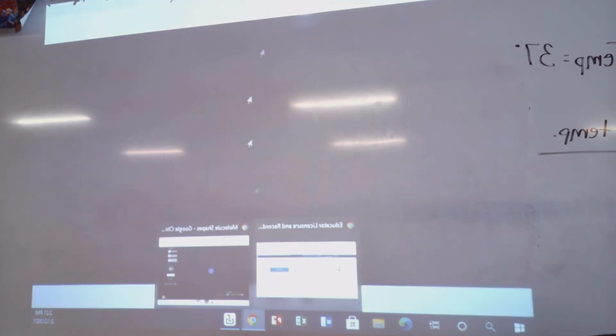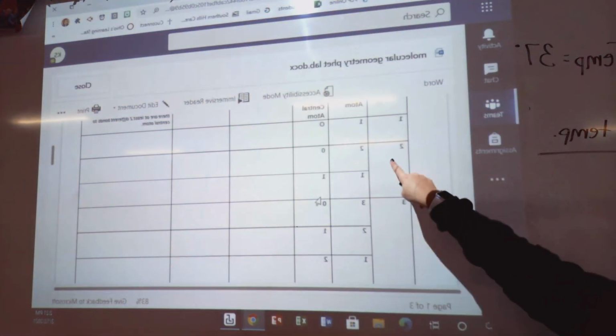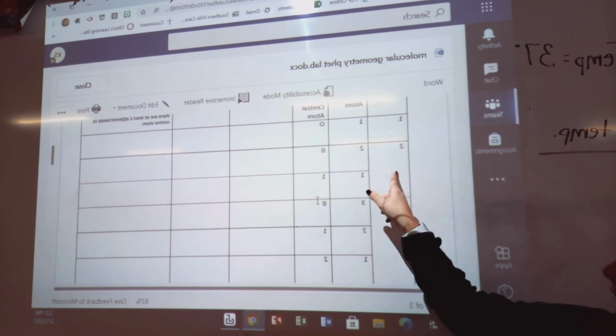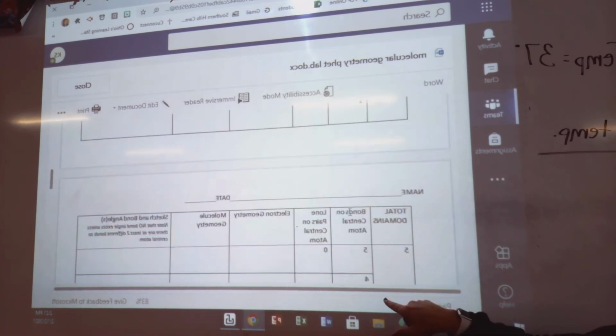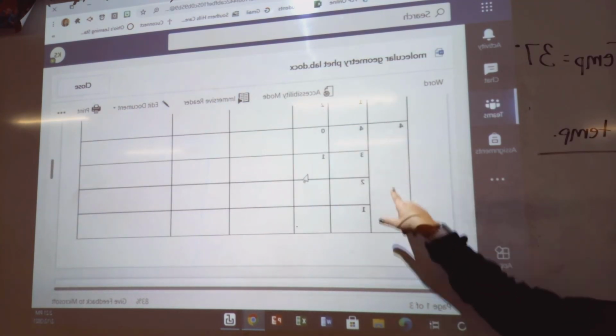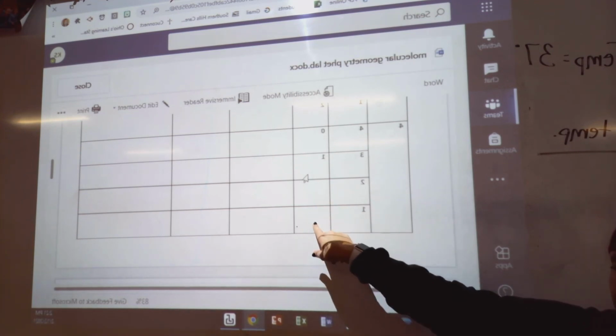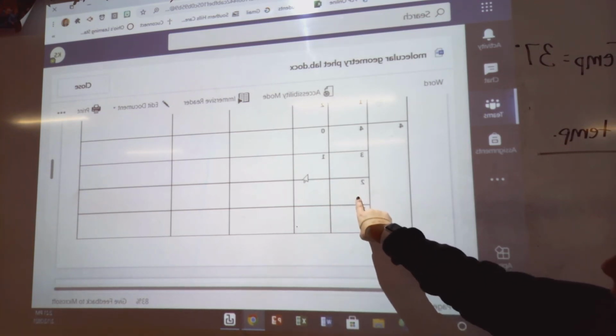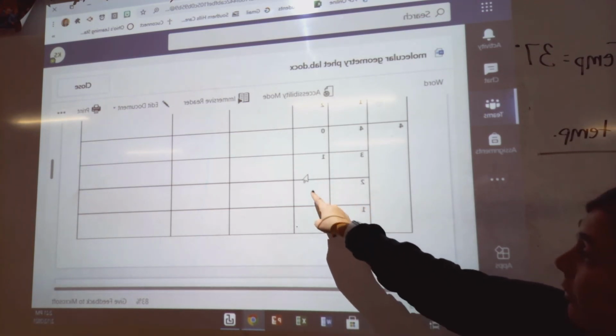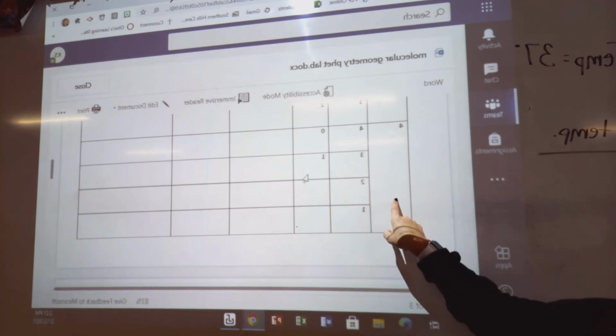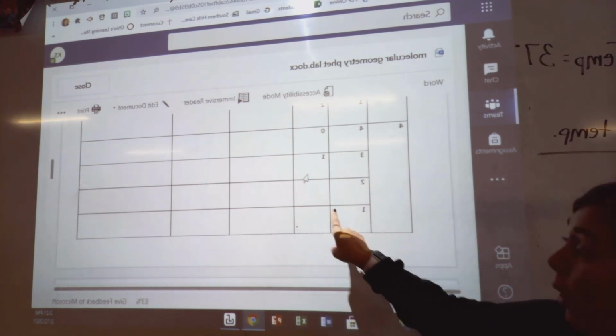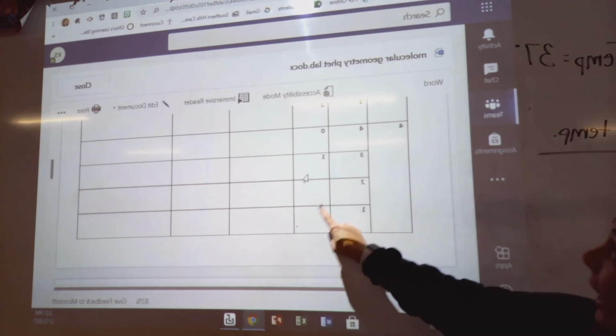And one thing to remember is that these 2 numbers always add up to this. So as you go down, you hit the row 4. Notice I left some blank. If you have 2 over here, 2 plus this number has to equal 4. So this is going to be 2. 1 plus whatever goes here has to equal 4.